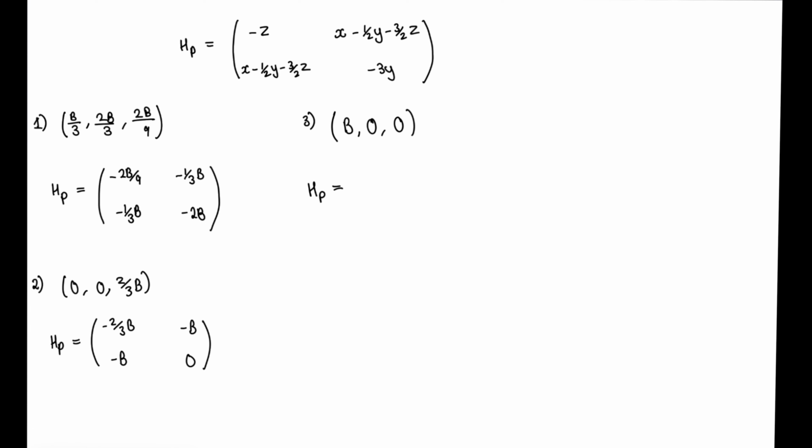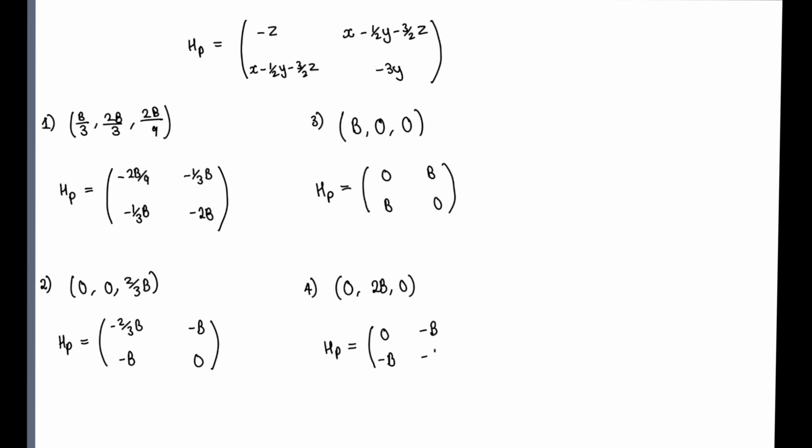Using this, we get 0, b, b, 0. And our fourth solution was 0, 2b, 0, which gives us 0, minus b, minus b, minus 6b. Okay, so these are our projected Hessians.